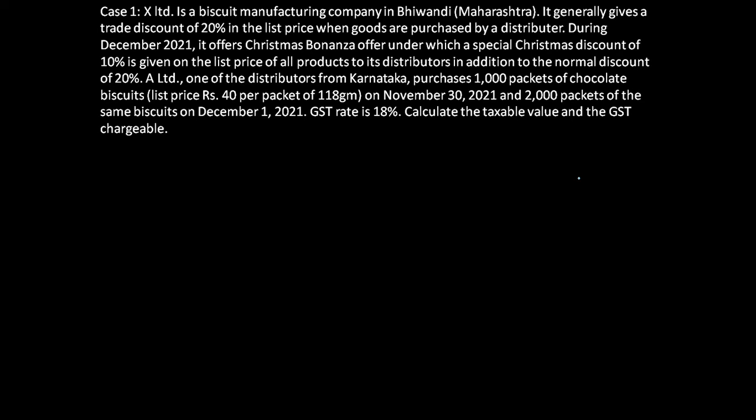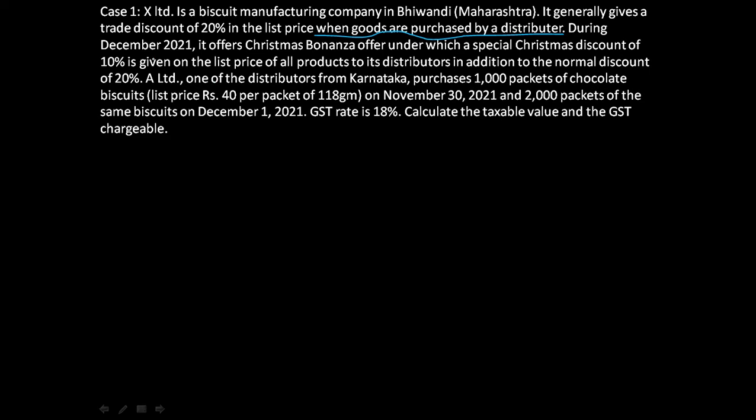It belongs to the first case. What was the first case? Discount that is declared at the time or before supply. It generally gives a trade discount of 20% on the list price when goods are purchased by a distributor. So it is at the time of purchase. Okay, at the time of supply.